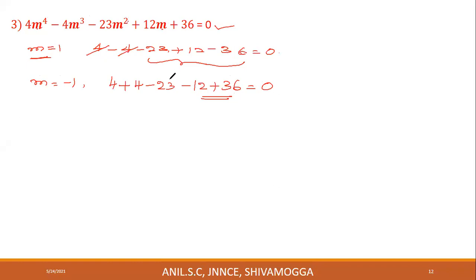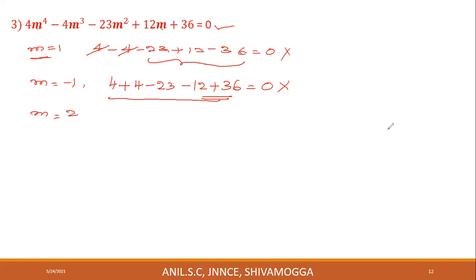Is this true? 4 plus 4, 8. 8 minus 23 minus 12 plus 36 is not equal to 0. This is not true. Therefore, we have to verify m is equal to plus 2.